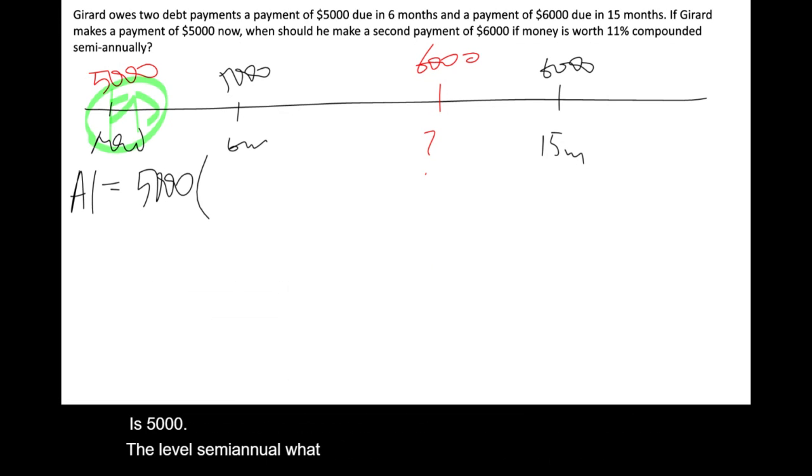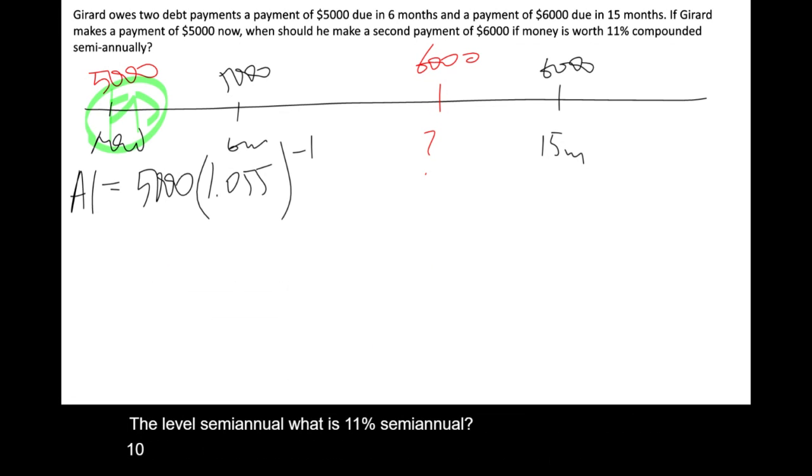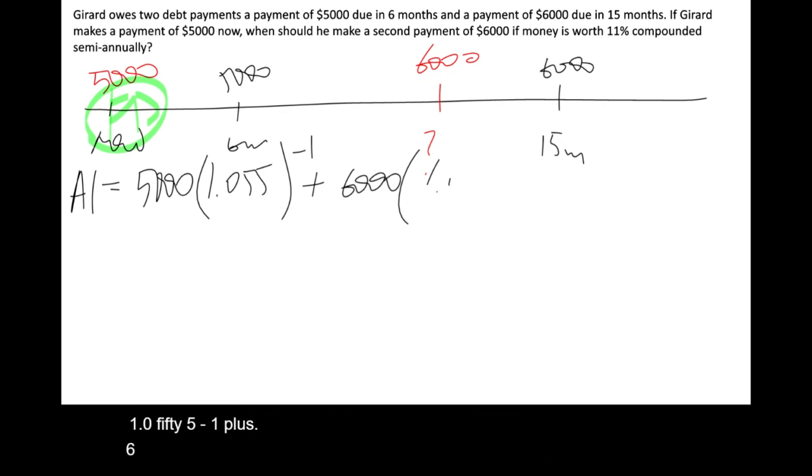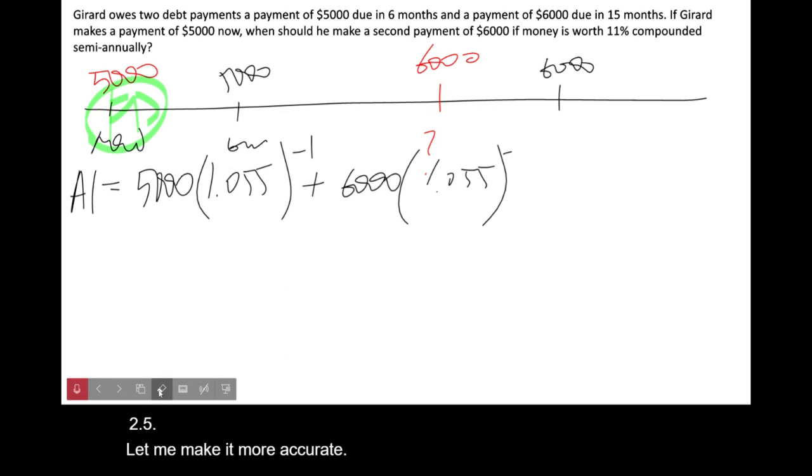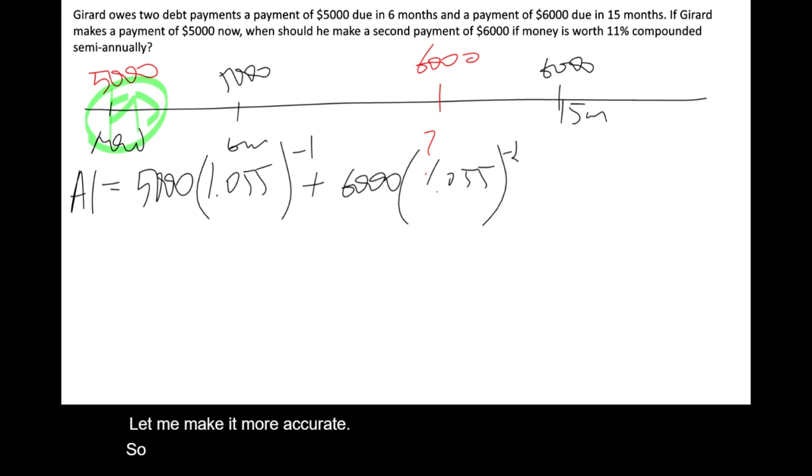What is 11% semi-annually? 1.055, minus 1, plus 6,000, and here it is 15 over 12 times 2, minus 2.5. Let me make it more accurate. So 15 months minus 2.5.